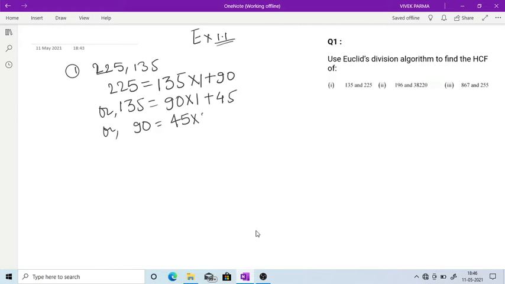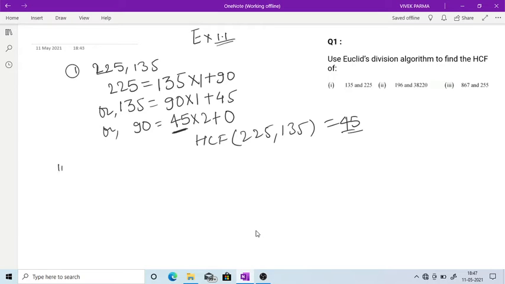This will divide 90 two times completely, leaving 0 as remainder, right? So this process stops here, right? And the step where we get remainder as 0, the divisor becomes our HCF, right? So the HCF of 225 and 135 is here 45, right?